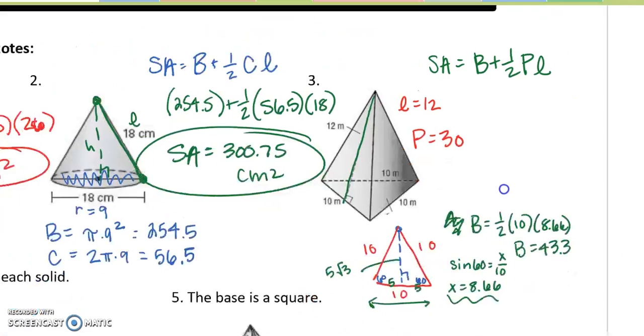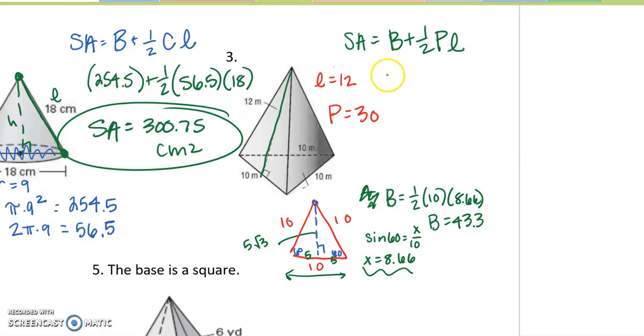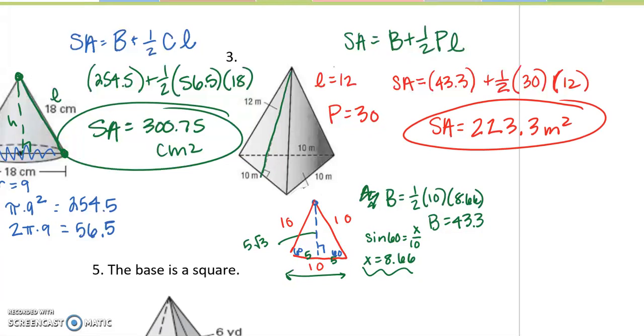So let's go ahead and plug everything in here. Surface area is 43.3 plus 1/2. My perimeter is 30. My slant height is 12. So our final surface area is going to be 223.3 meters squared.